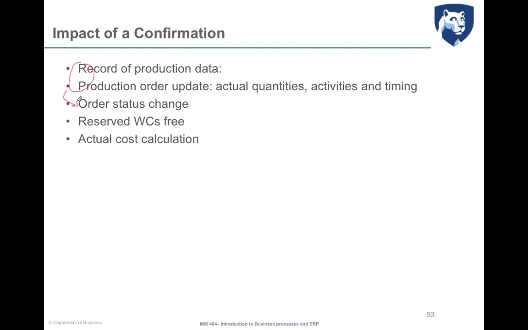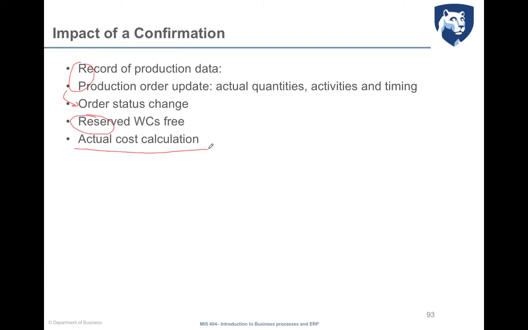And then, because confirmation indicates that production in one or more work centers has been completed, of course, there is also a change in the reservation of the work center, which can be reduced as activities have been executed. Finally, thanks to the confirmation state, we can also arrive at the actual cost calculation, because confirmation means all the activities, or if the confirmation is final, all the activities have been executed.